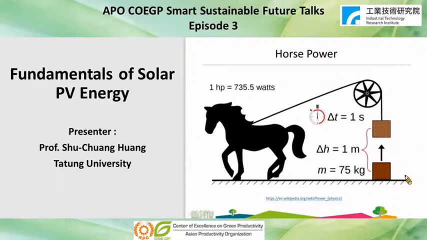A conventional power unit called horsepower is defined such that if you lift an object of 75 kilograms up 1 meter in 1 second, the power is called horsepower, and it's equivalent to 735.5 watts.